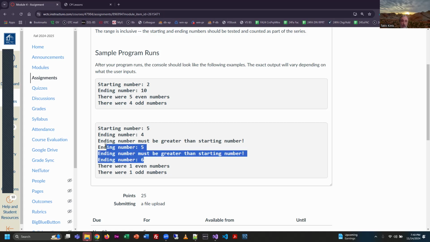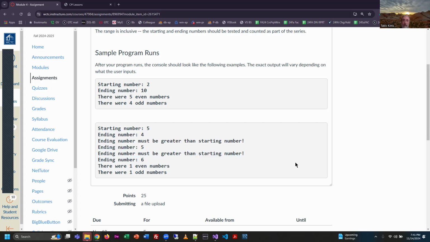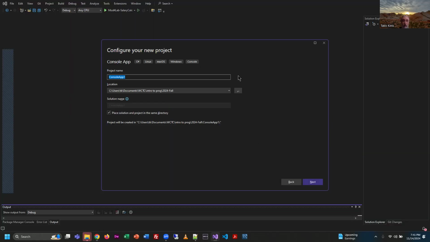So once again, there's input validation happening here. What are we checking? That the second number is greater than the starting number. Equal doesn't work. It has to be greater than the starting number. Simple as that. It can't be greater than or equal. It has to be greater. Okay, so I think that helps to explain it pretty clearly.